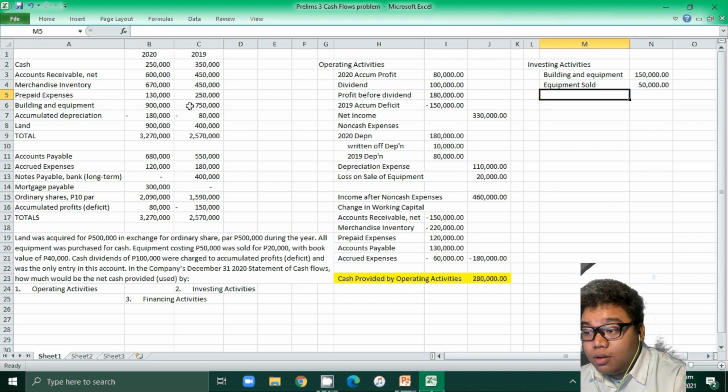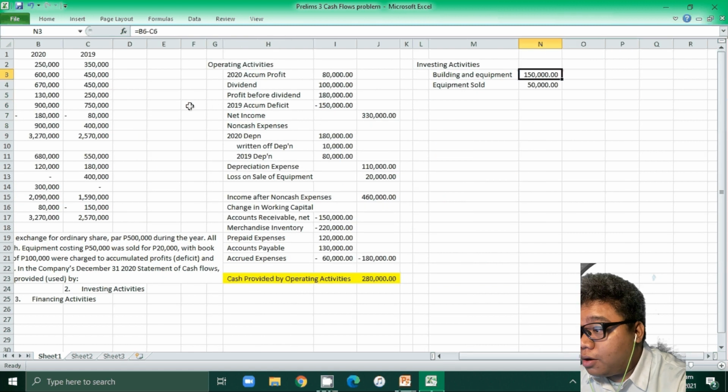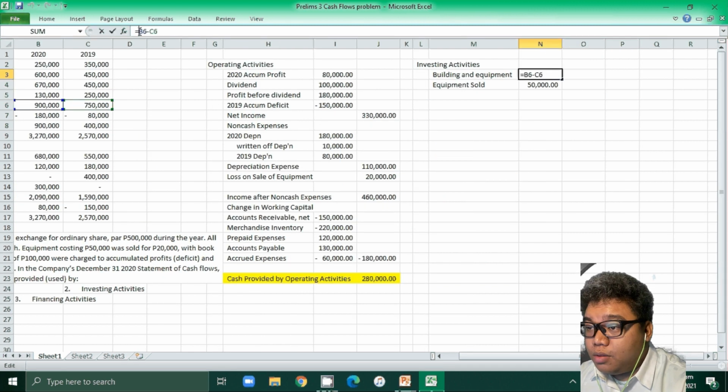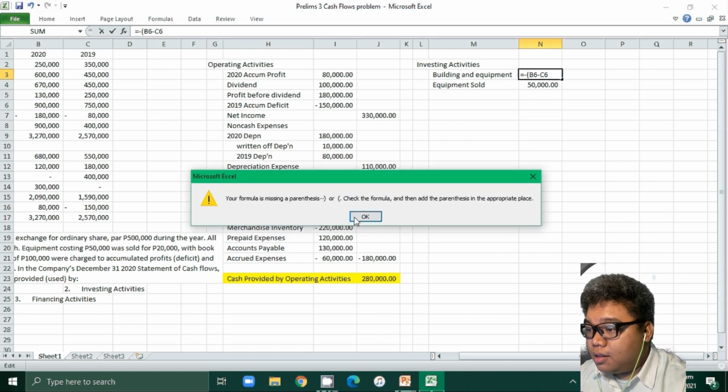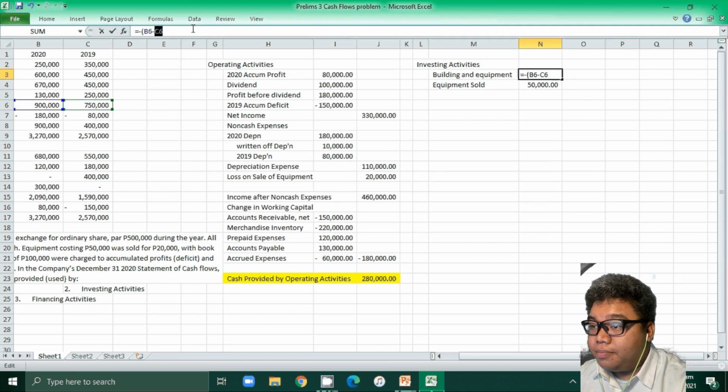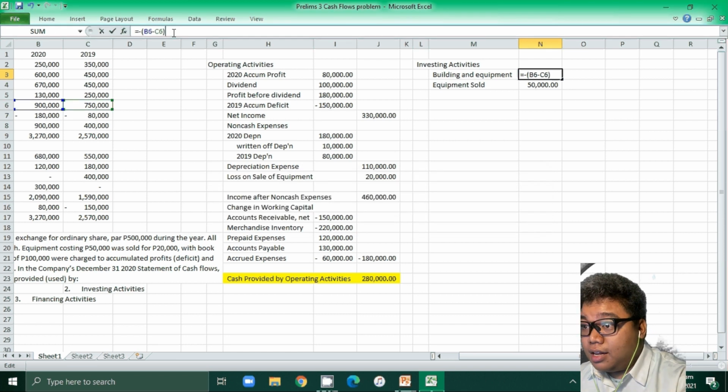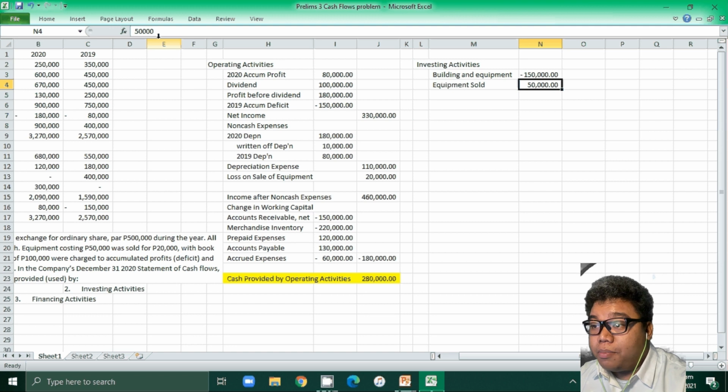This would constitute outflows because this would be an increase in investment in property, plant, and equipment.